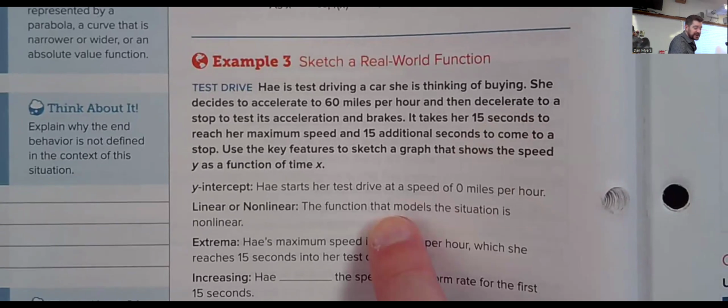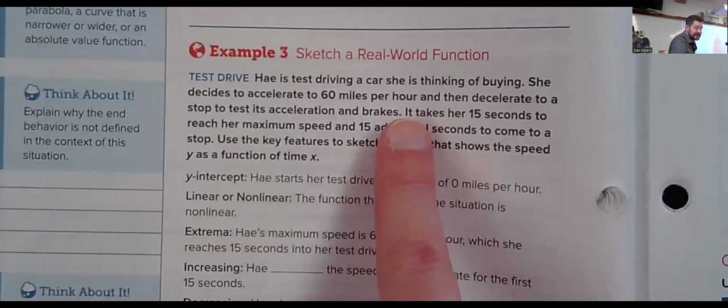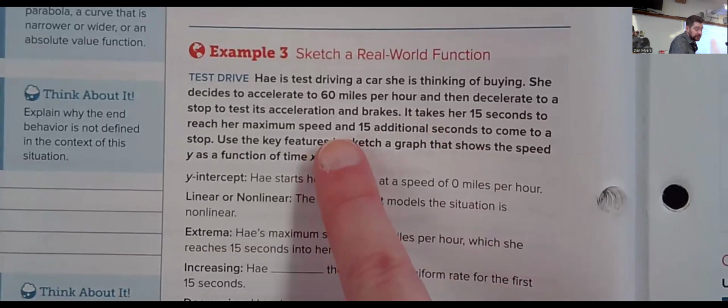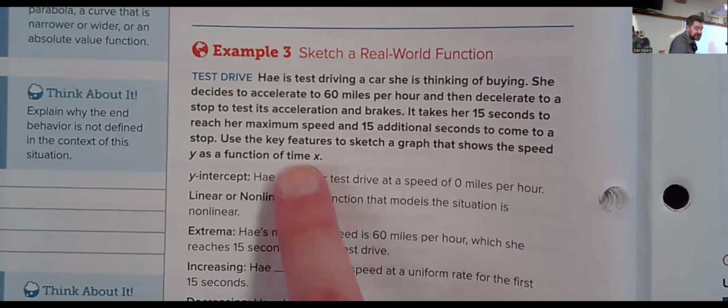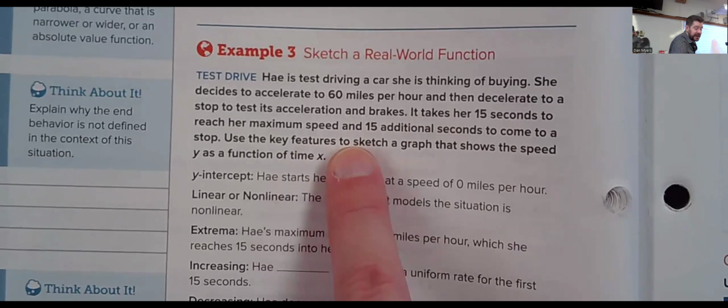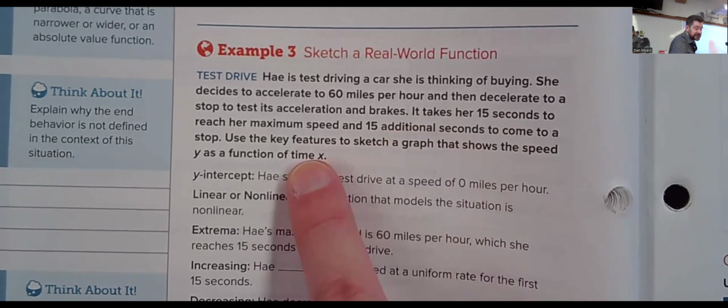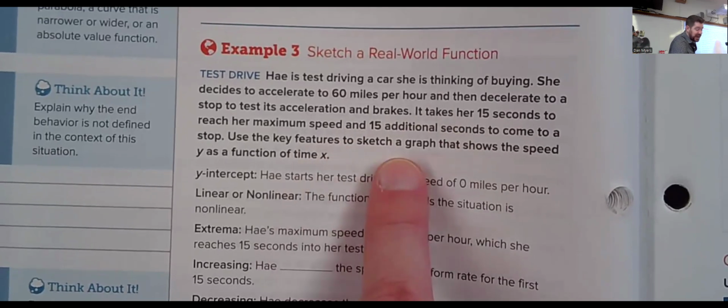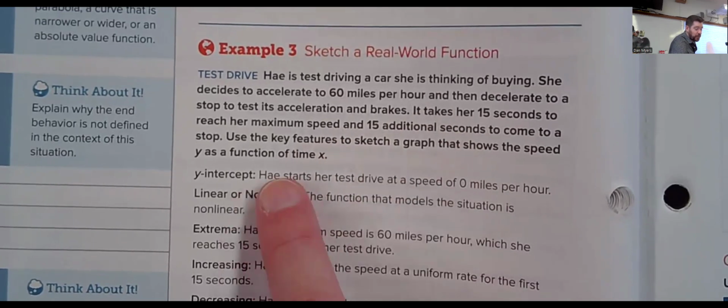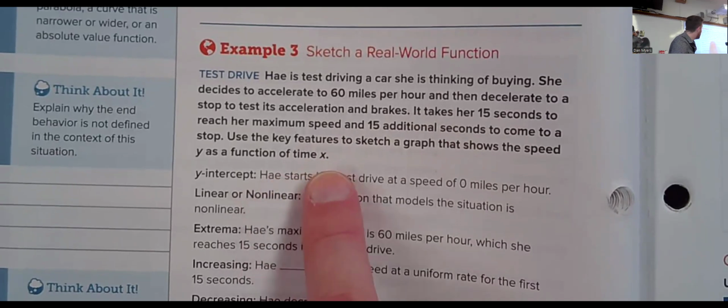She decides to accelerate to 60 miles per hour and then decelerate to a stop to test the acceleration and the brakes. It takes her 15 seconds to reach her maximum speed and 15 additional seconds to come to a stop. Use the key features to sketch a graph that shows the speed y as a function of time x.